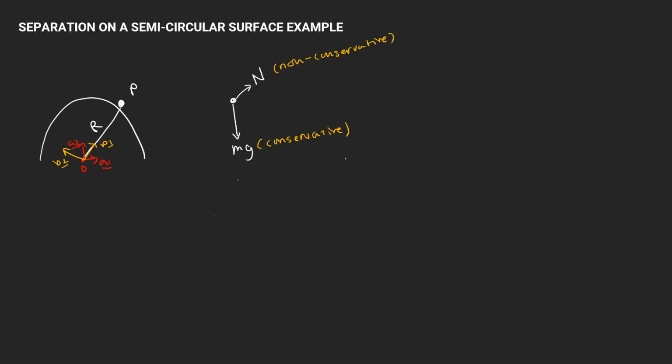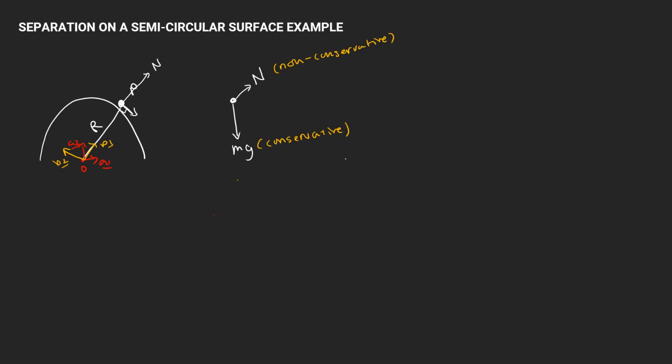However, if you look at the direction in which P is moving, at this instant in time, it's moving in this direction here, which is perpendicular to the normal force. And so what that means is that the work done by our normal force N is 0.